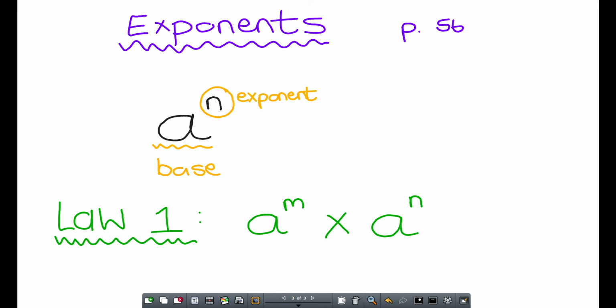Okay, so can you see my base at both of those is a, right? And we are multiplying. Now, law 1 says that if base is the same when we multiply, what do we do with exponents? We're going to add. Okay, so then that will be, and remember, base will stay the same. So your base was a, it's going to stay a, and then it's going to be to the power of m plus n.